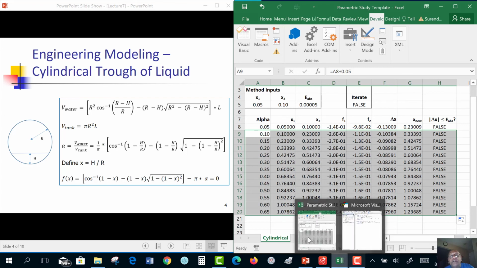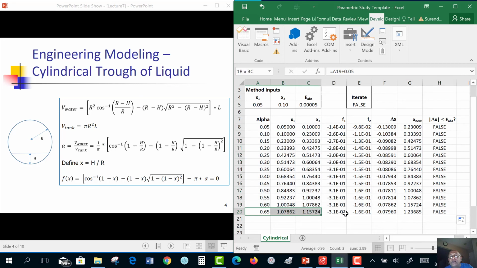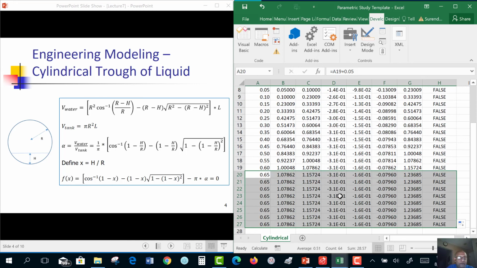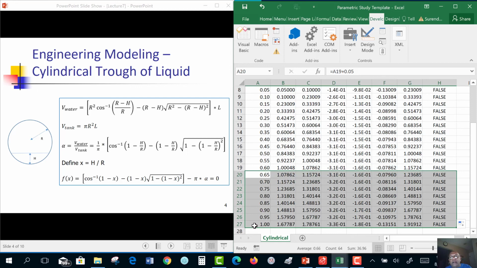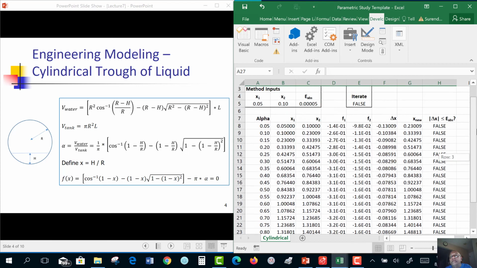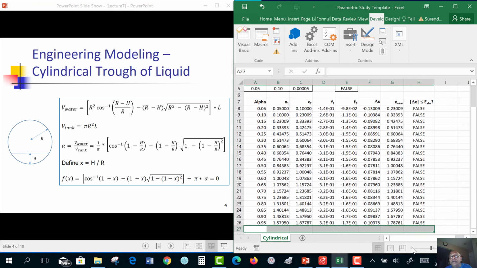I'm in manual calculation mode, so that's why it was not calculating. So let's go some more. Okay, here we go. So we are up to 0.95. I'm going to slightly reduce the magnification so you can see all of them.